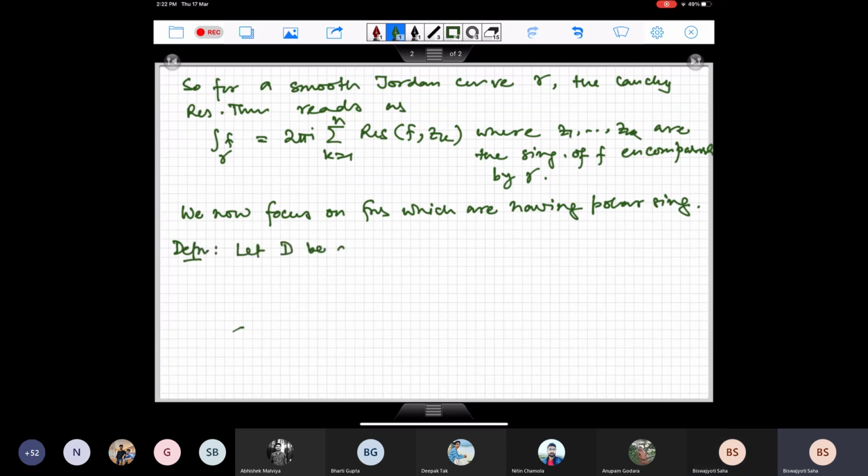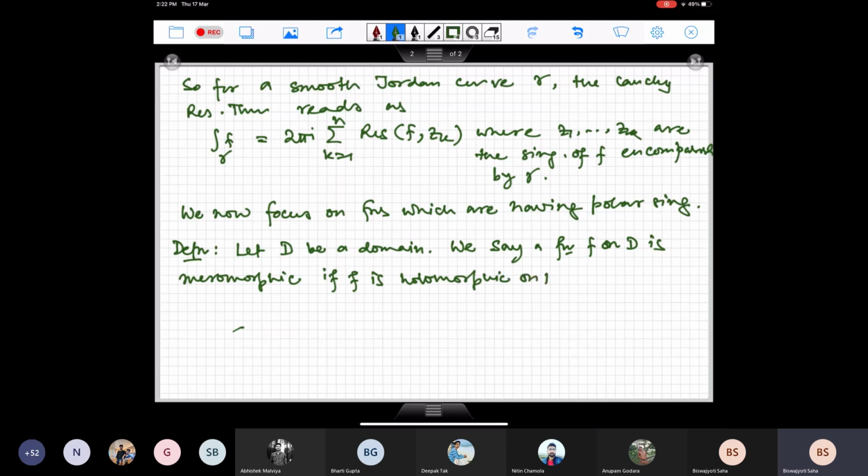Let D be a domain. We say a function f on D is meromorphic if f is holomorphic on D except for an isolated set of points where f has polar singularities.